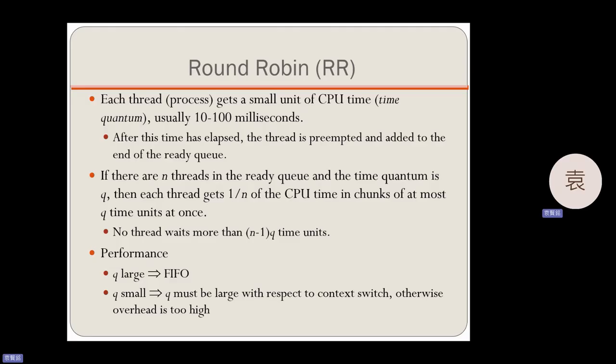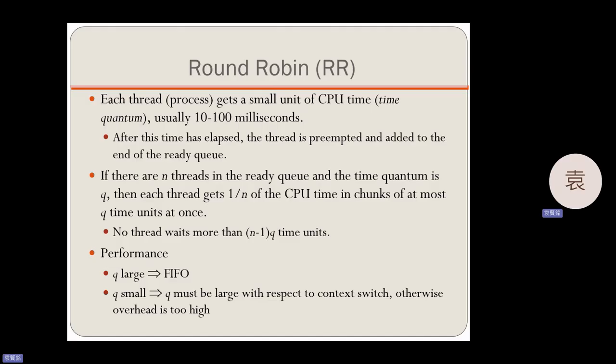So for example, you have n processes ready in the ready queue. Then we try to assign 1 over n of the CPU time to each process. So every process has the illusion that it gets a slower CPU dedicated to itself.